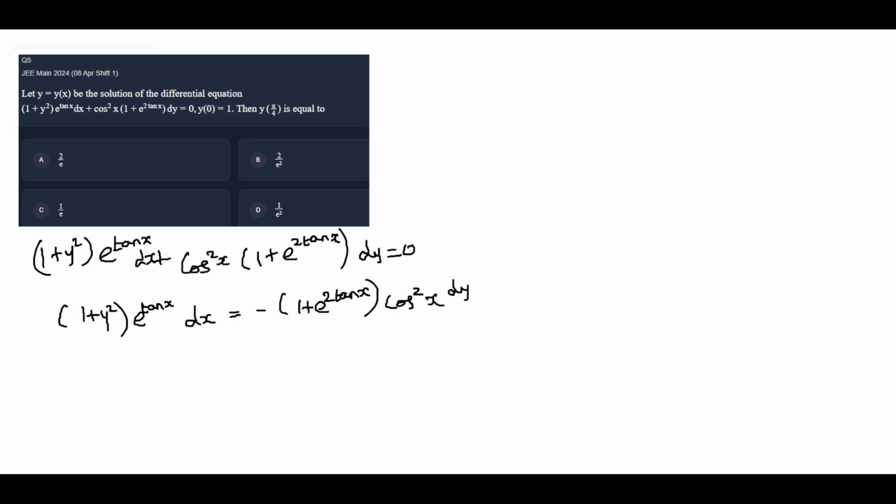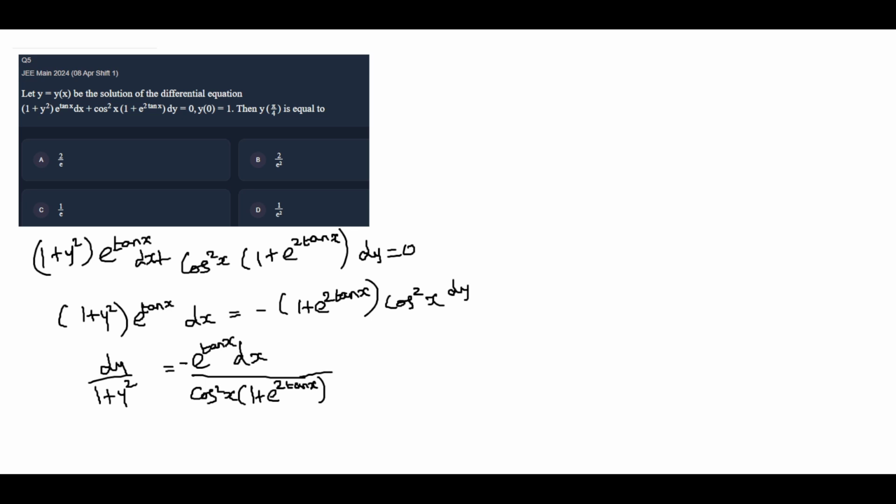So first convert the x term and y term to the other sides. So dy by 1 plus y square is equal to dx e power tan x by, take it as minus here, cos square x into 1 plus e power 2 tan x.